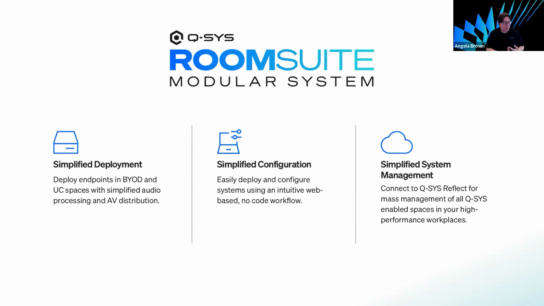With configuration, it is a web browser, and it's going to be a pretty familiar looking web browser. And then simplified system management that also allows for mass deployment, mass firmware updates, all of those things. This is the why of RoomSuite. These are the three basic tenets that we've built the product around. And I think you'll see we're well on our way to accomplishing that.